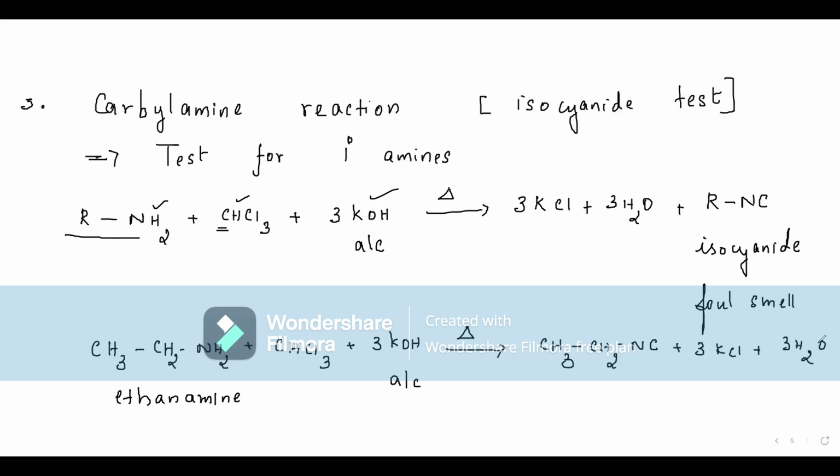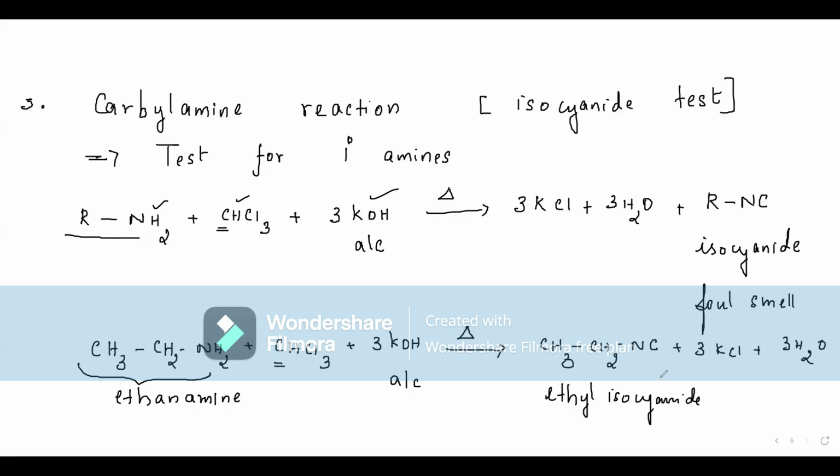As I told you earlier, remove the KCl first and then the water molecules. So you will know that there remains CH3CH2N and just a carbon from CHCl3. Put them together and you get your isocyanide, ethyl isocyanide, or ethane isonitrile. Isonitrile is the IUPAC name.